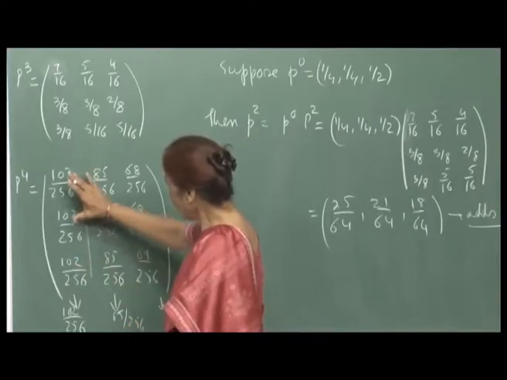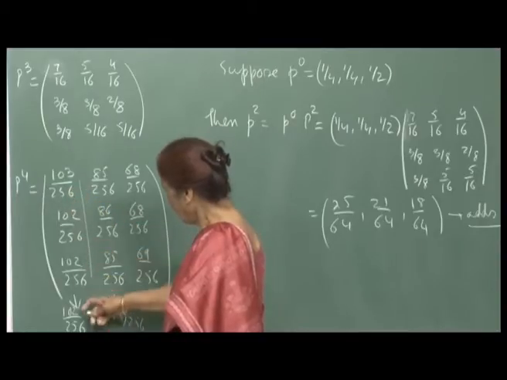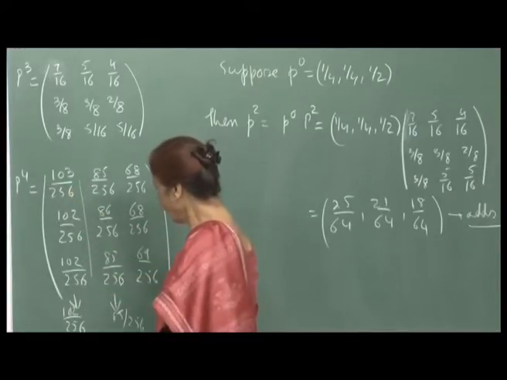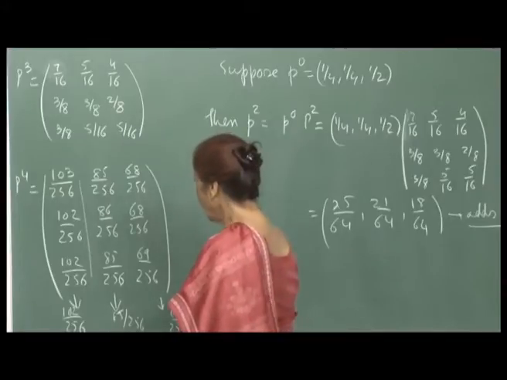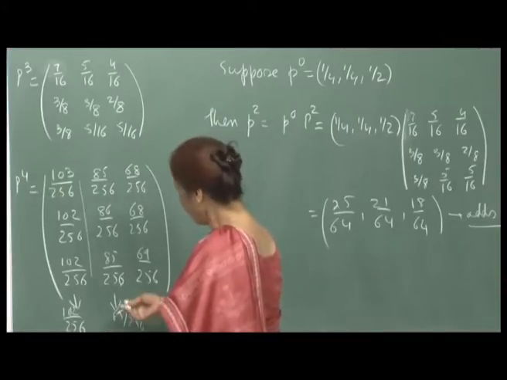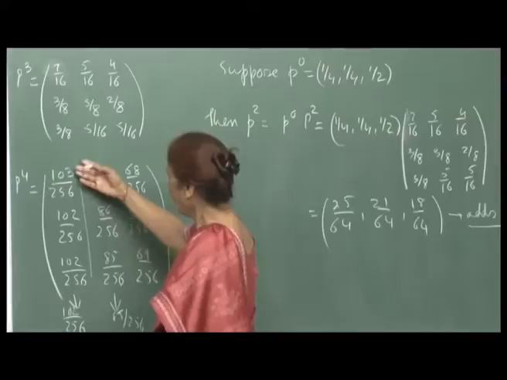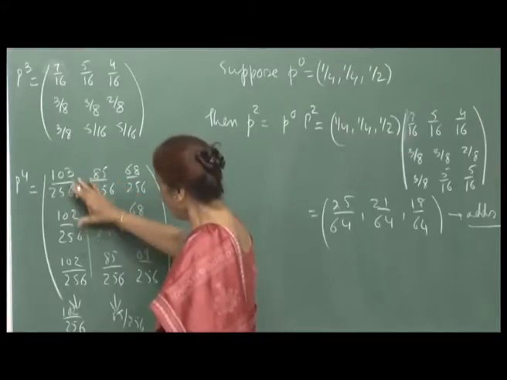So, the numbers are getting closer, and we can say almost converging to 102 upon 256. You might say why not 103 or 102, but anyway one of these numbers.